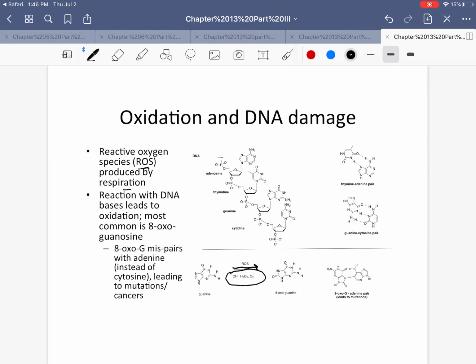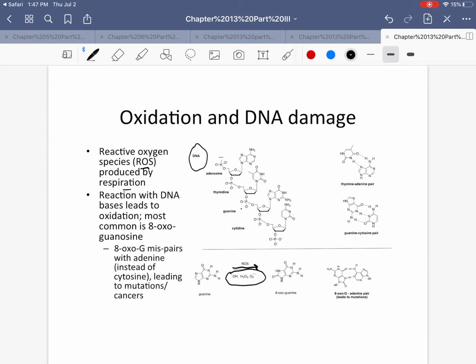The most common one is called 8-oxo-G. So this is 8-oxoguanosine, and as you age, more and more of this builds up. And what is the problem is that 8-oxo-G forms the wrong base pairs. Usually what you have is what I've got drawn here on the top.